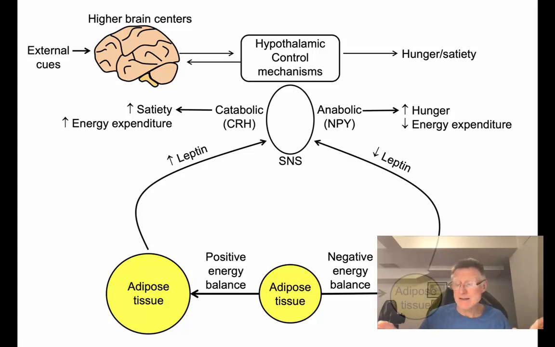The problem is that it's not purely these two components that regulate it, because we have also the brain as a whole, not only the hypothalamus, but the brain. It also receives influences from external information. So you can actually override these physiological mechanisms that depend on adipose tissue size and communication with the hypothalamus.